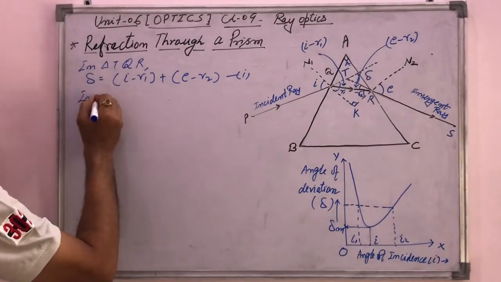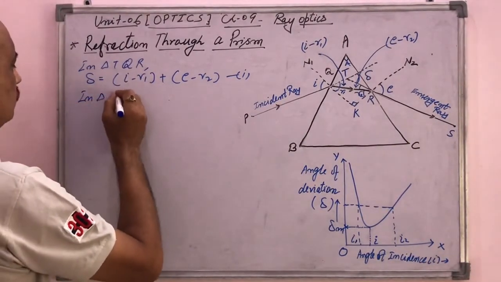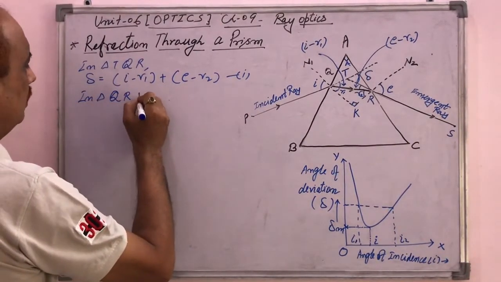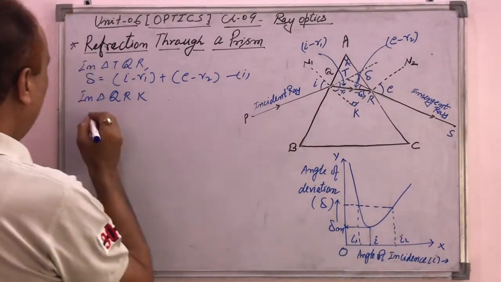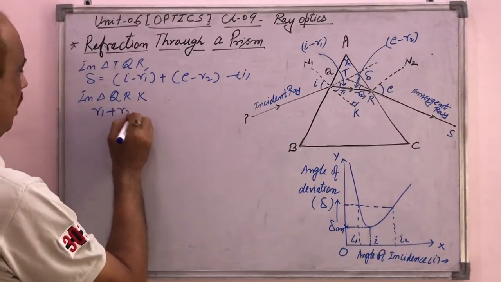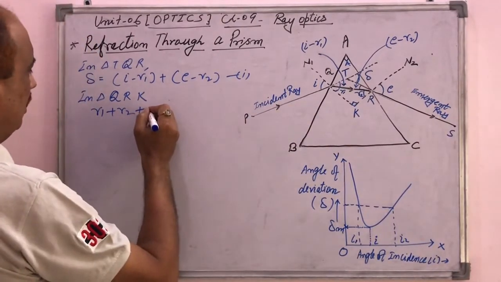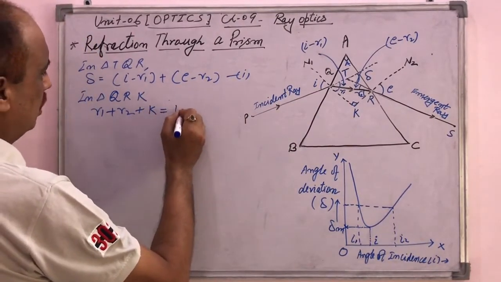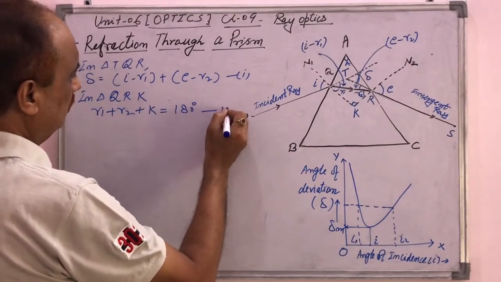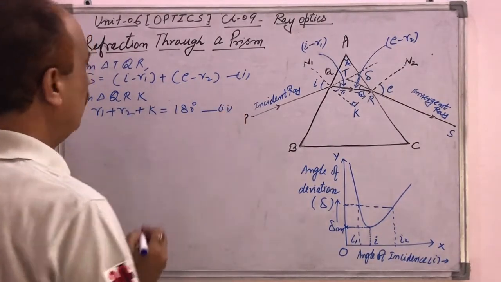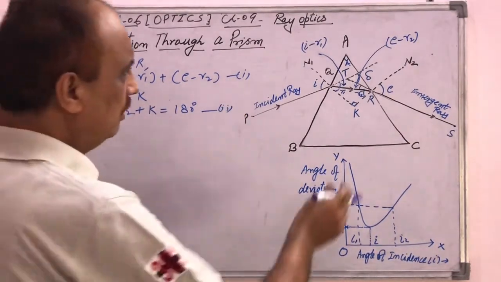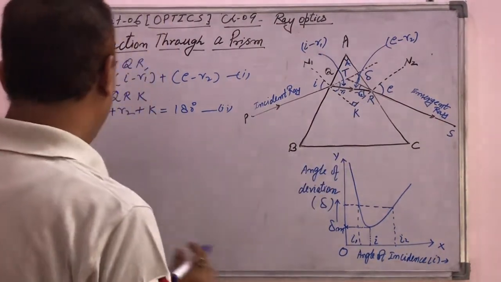Now in triangle QRK, angle R1 plus angle R2 plus the remaining angle K is equal to 180 degrees. That is equation number 2, because the sum of all the angles in a triangle is always equal to 180 degrees.